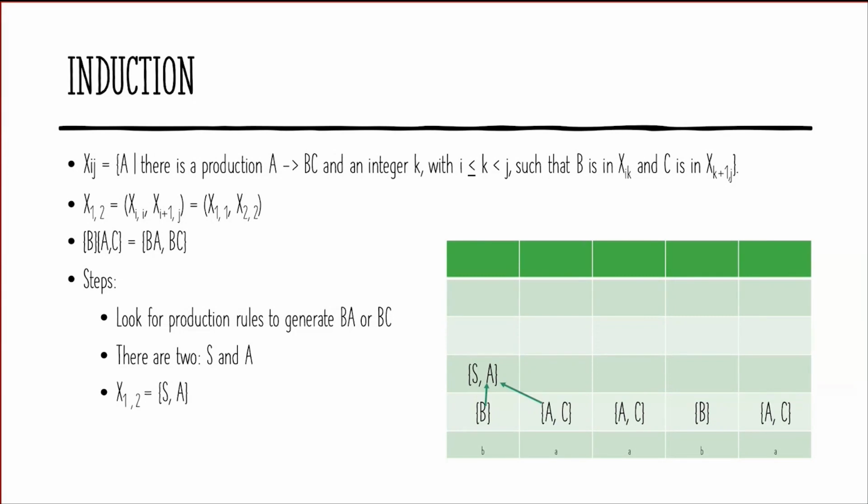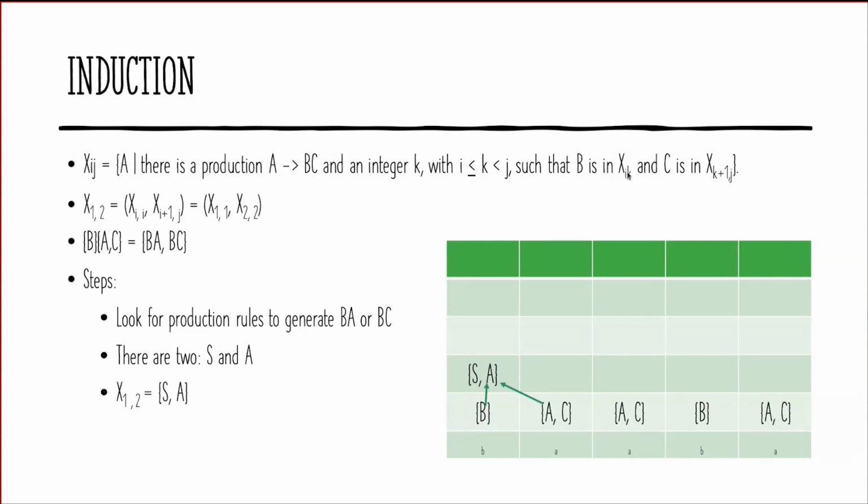If I have the answer for these two smaller substrings, I can use it to find the answer for the bigger substring, Xij. Xij will contain all the variables that can produce that bigger substring. So I'm checking for all the k's.